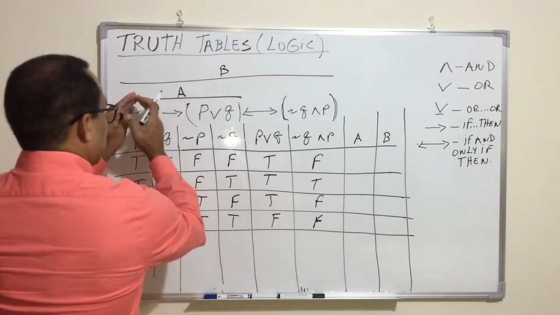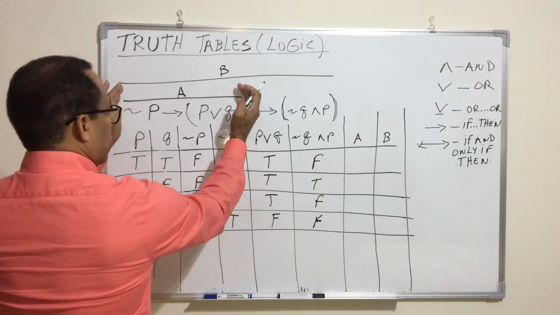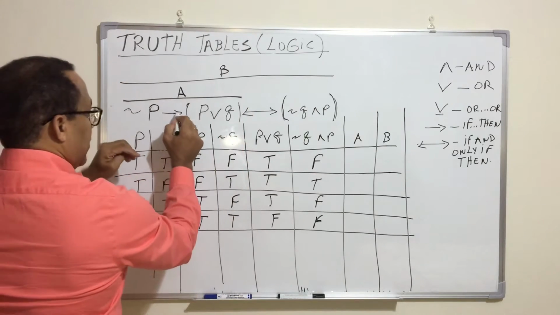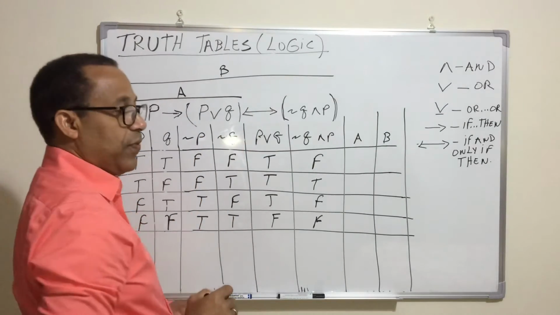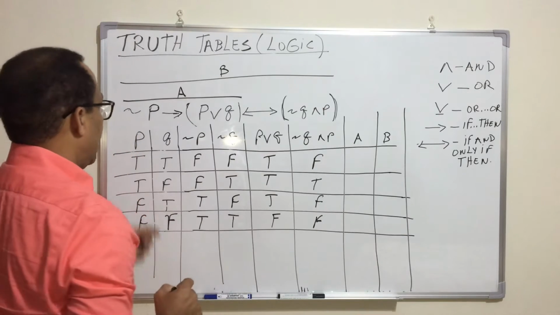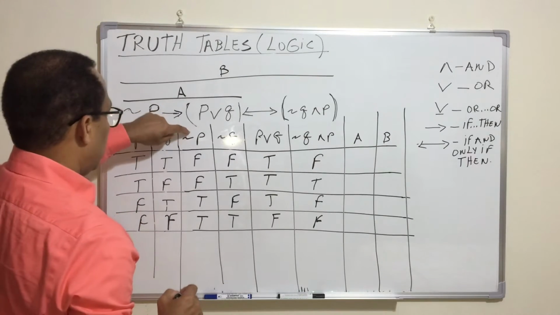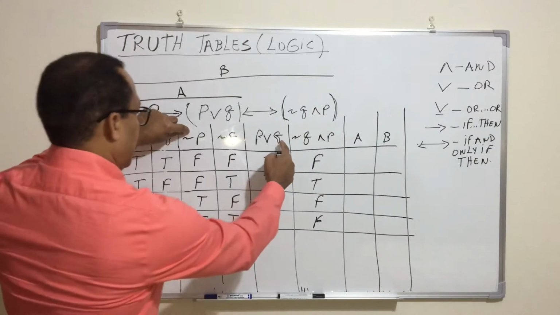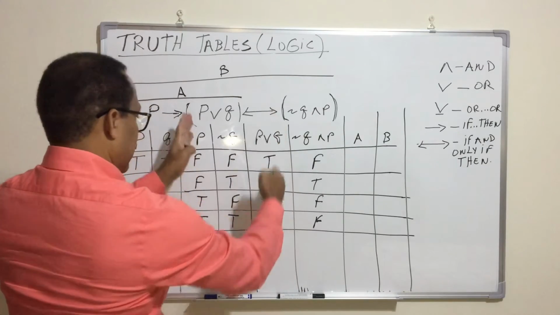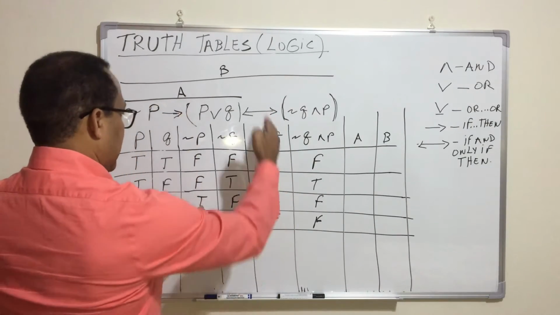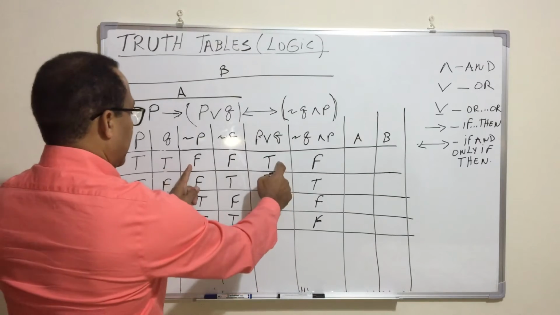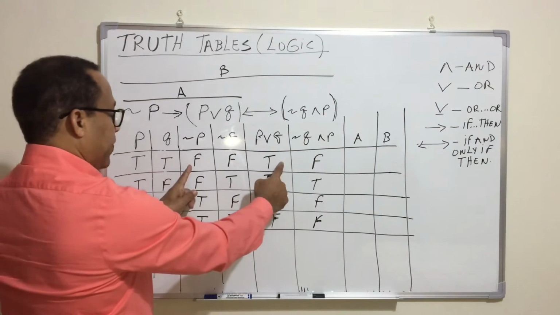Letter A, and we said letter A is this part of the expression with the symbol implication, if then. No P, this is no P, and this is P or Q. So I'm going to work with these two columns. Implication says if then.